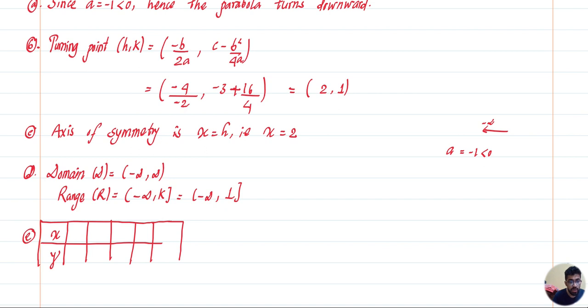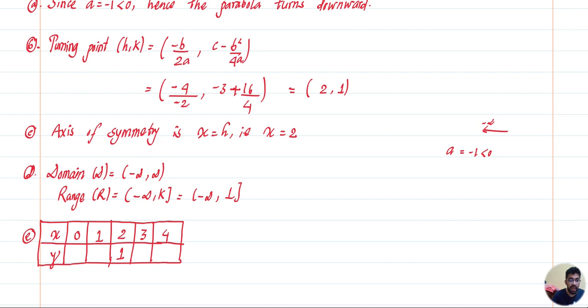Turning point is 2 comma 1, and in the parabola the turning point is at the vertex, that is at the middle. So we also put 2 comma 1 in the middle part of our table, and we get the other values of x in an increasing order. After 2, then 3, then we get 4, and before 2 we have 1, and then we have 0.